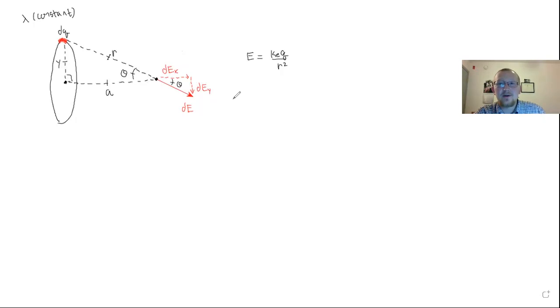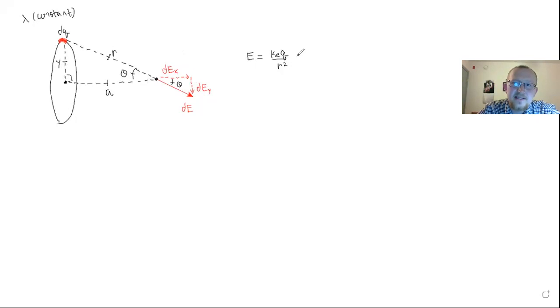To start out, we don't really have an equation for how to solve the electric field using calculus, but we do have this electric field equation right here. This is the equation for electric field strength. With calculus, I know this is not at all rigorous, but you can choose one thing on each side to make a differential.